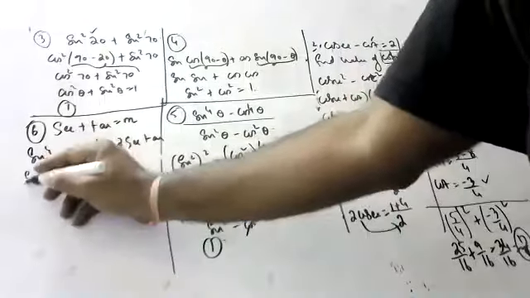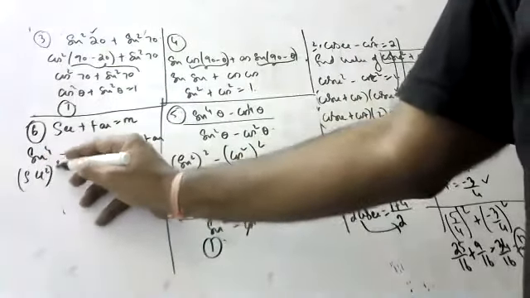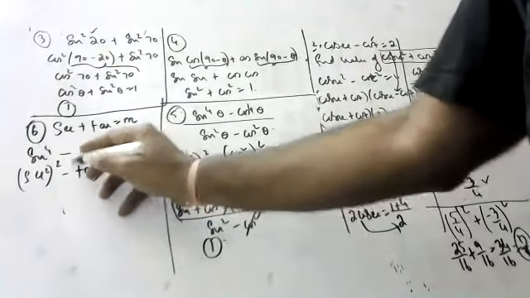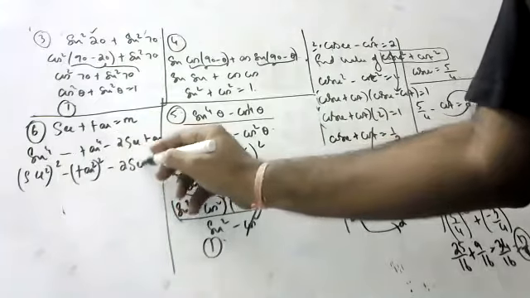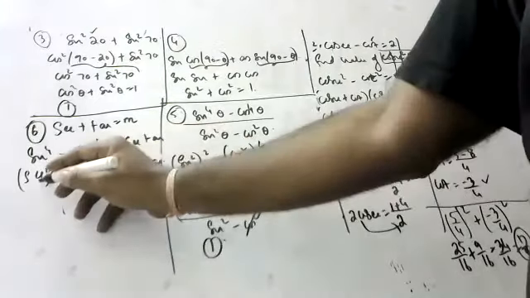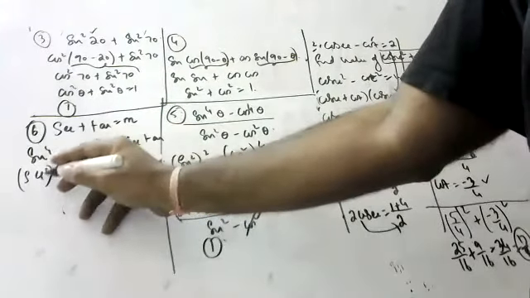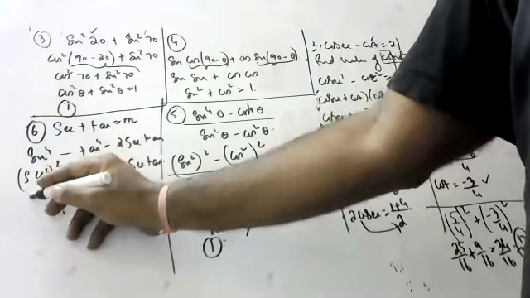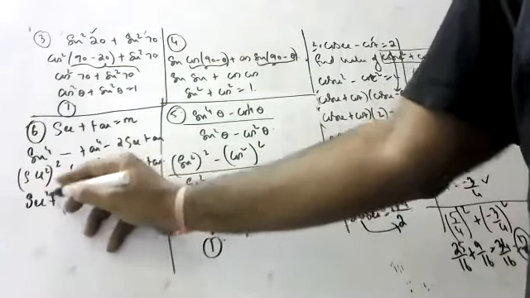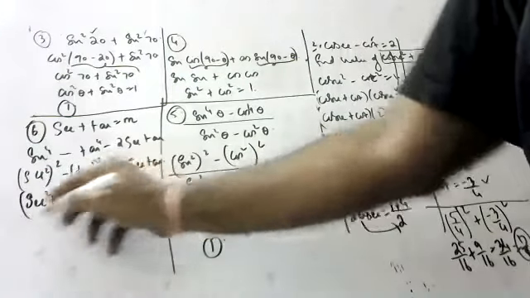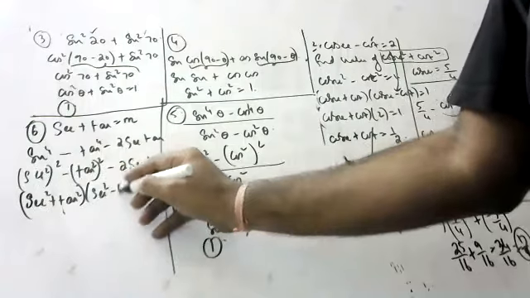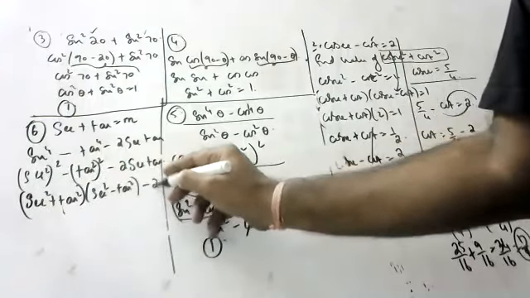This we can write as (secant square) whole square minus (tan square) whole square minus 2 secant tan. This is in the form of a square minus b square: (secant square plus tan square) into (secant square minus tan square), minus 2 secant tan.